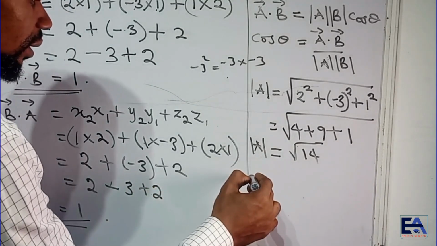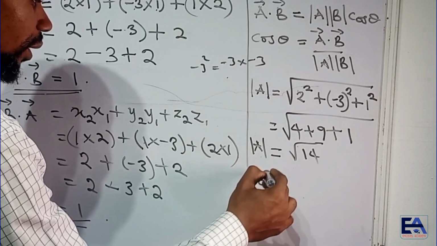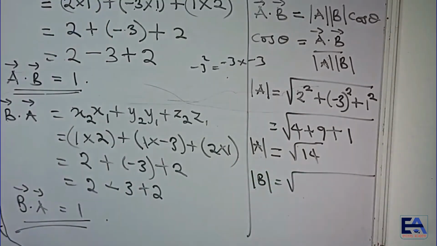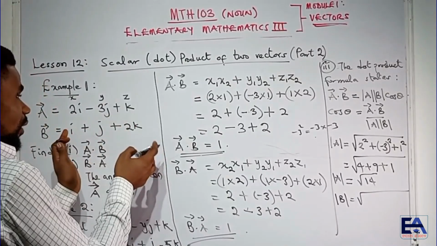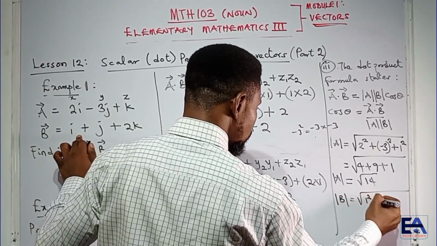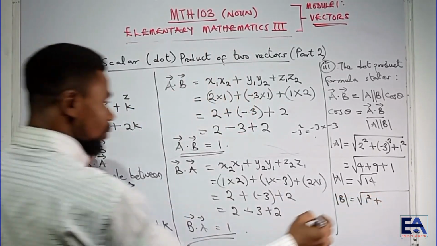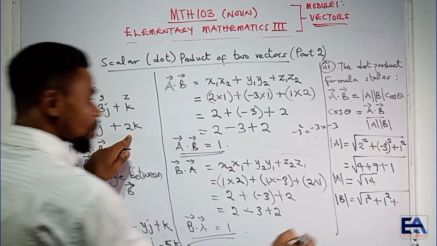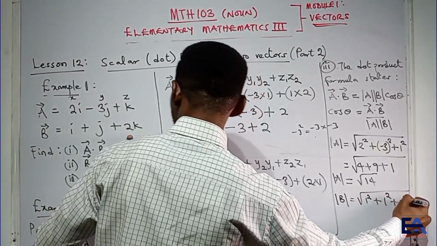Then the next thing is to find the magnitude of vector B. The magnitude of vector B is going to be equal to the square root of the sum of the squares of the components of vector B. So what are the components of vector B? We have 1 squared, then plus another 1 squared, plus here 2 squared.